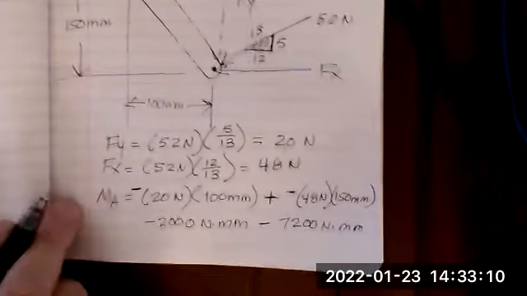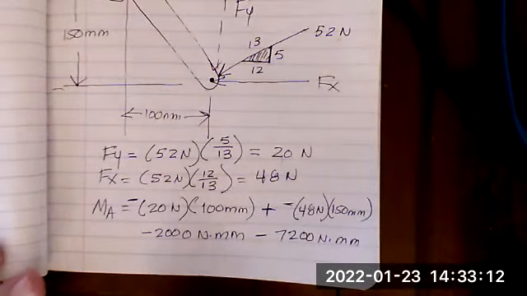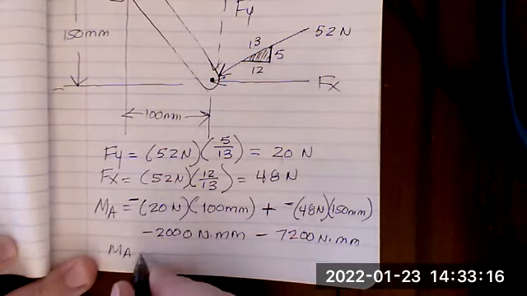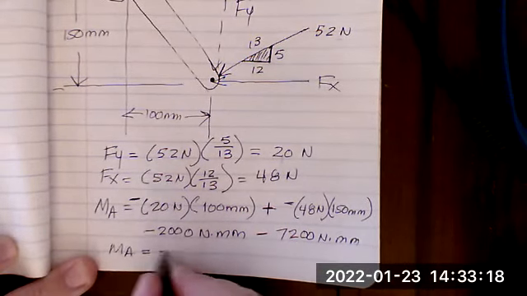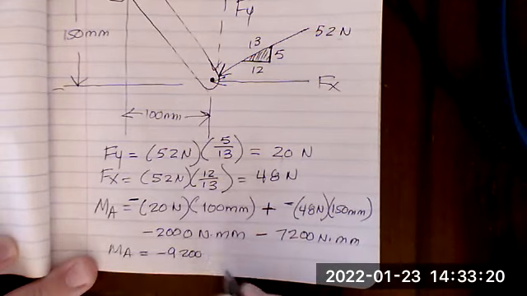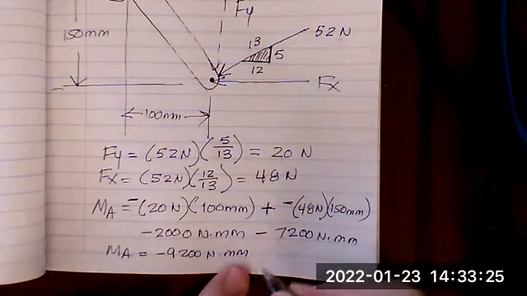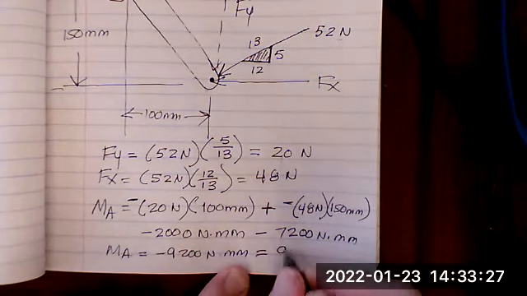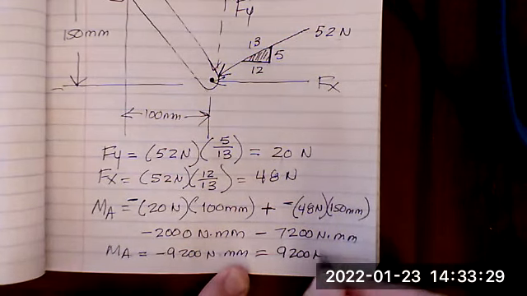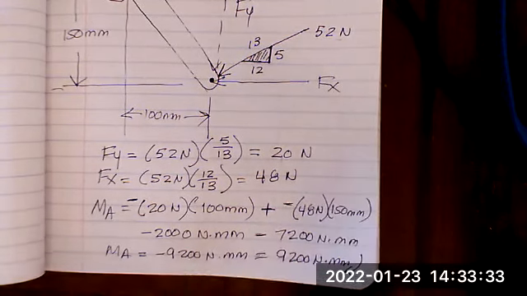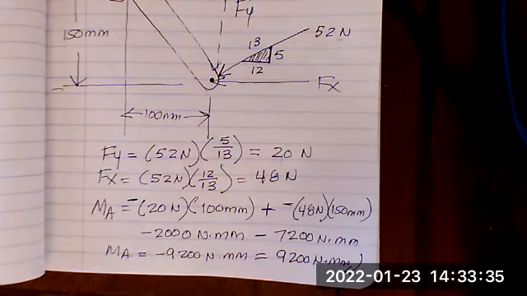So when you solve for this, you're going to get the moment about A is equal to negative 9,200 newton millimeters. But the way you should write this is this way, showing it's causing clockwise rotation.